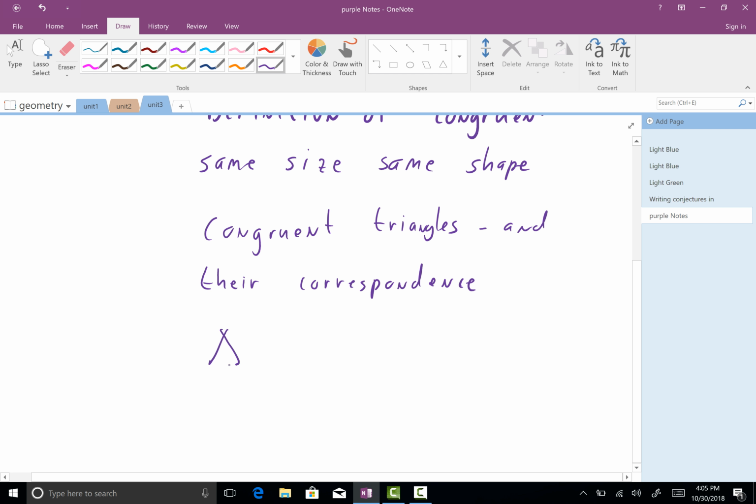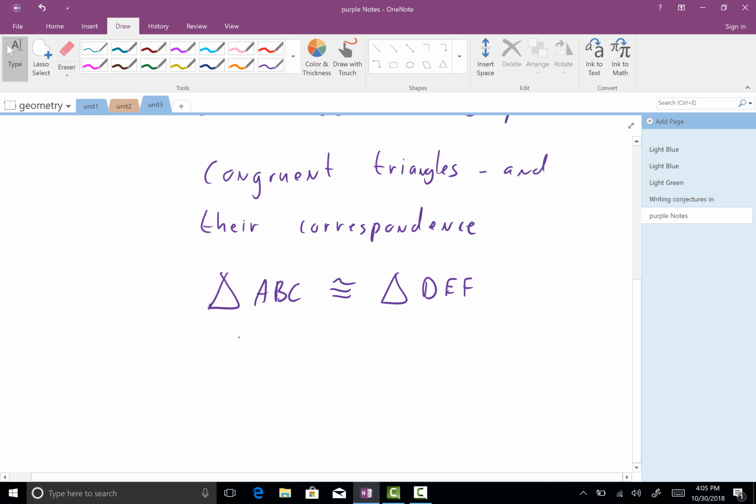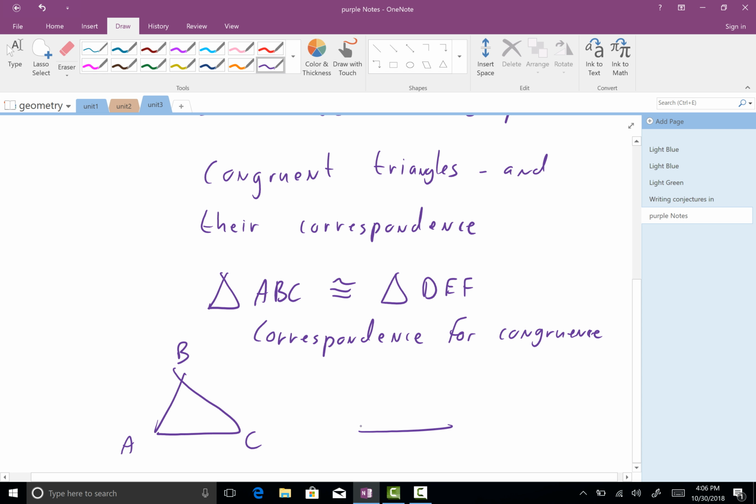So, for example, if we say that triangle ABC is congruent, that's the symbol for congruent, equal sign with a squiggly over it, triangle DEF, then the correspondence for congruence would be, first of all, we have these triangles, and we would mark A is going to go to D, we're going to mark those, B is going to go to E, mark those, and C will go to F.